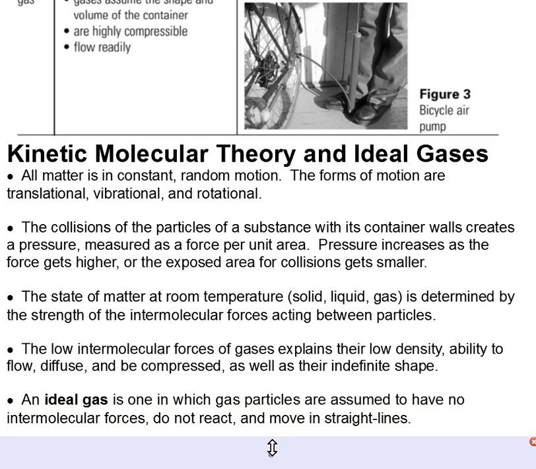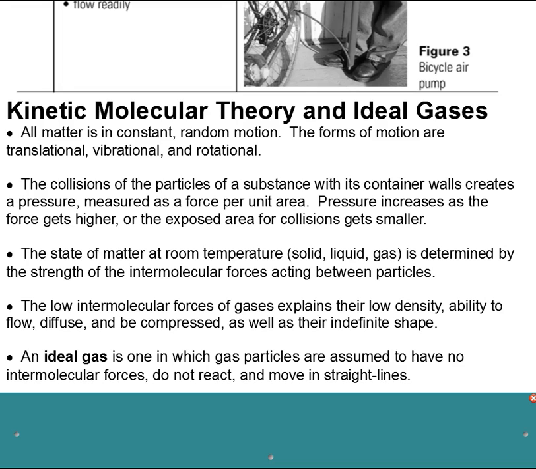Finally, under the heading KMT and ideal gases, an ideal gas is one in which gas particles are assumed to have no intermolecular forces, no reaction with one another, and they move in straight lines. The ideal gas properties seem a little bit strange and unrealistic, but the ideal gas law is a simple formula which assumes these facts, that gas particles behave a little bit like billiard balls.